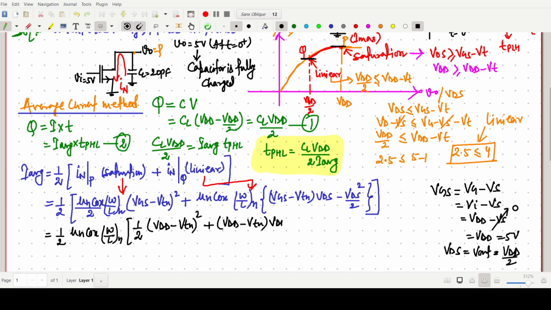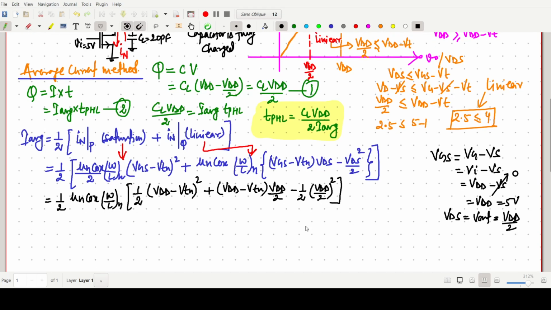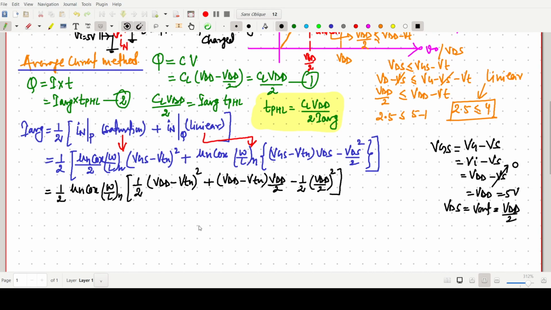So better to write VDD by 2 minus 1 by 2 VDS, and we have to take it very carefully. After that, this one is the expression. Now we have to solve this one.